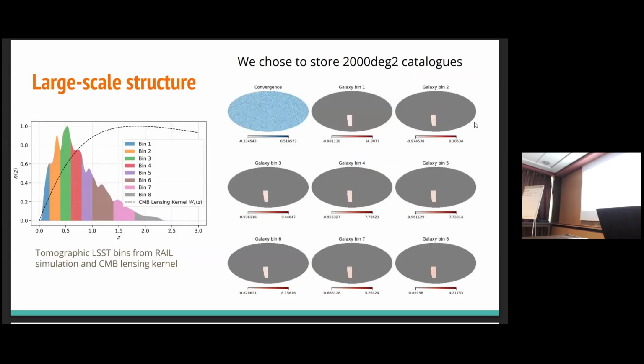We decided to store the catalogs only in 2000 square degrees, mainly for time reasons, but LSST-like results can be obtained with a simple rescaling of the fraction of the sky. Here on the left, you can see the n of z of the different tomographic bins from the Rayleigh distribution, which is the LSST distribution, and the lensing kernel of the CMB. So you can see, obviously, CMB and galaxies are always cross-correlated, while galaxies are not correlated between different bins.